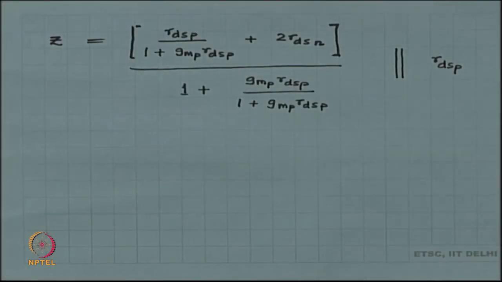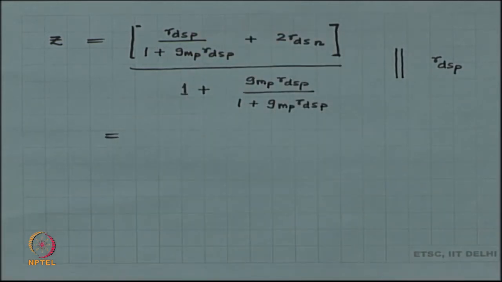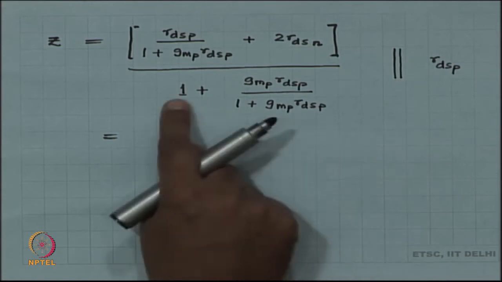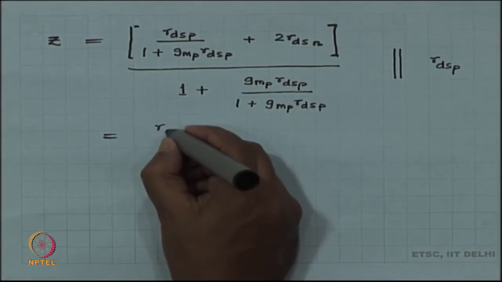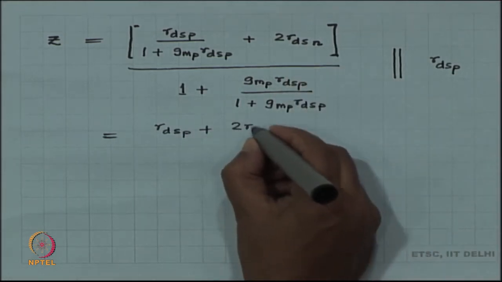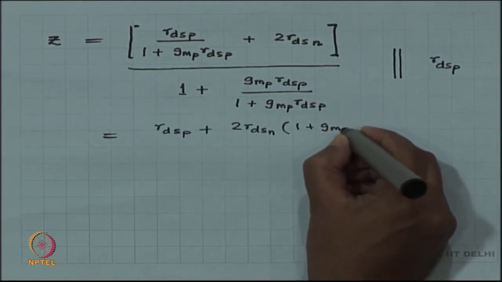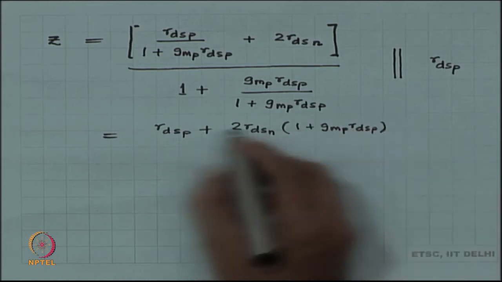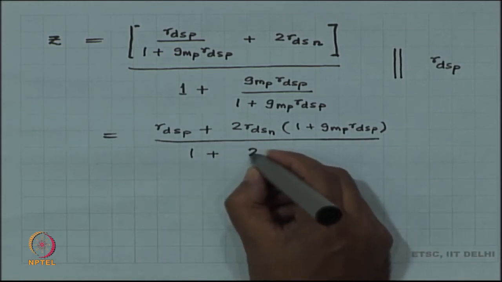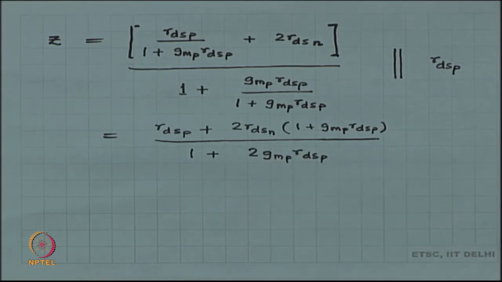Okay, this is okay. You want to simplify this? I like simplifying, right. I do not like such huge complicated expressions, right. So, you can multiply numerator and denominator by 1 plus GMP RDSP, that looks the obvious thing to do, and when you do that, this is what you end up with.